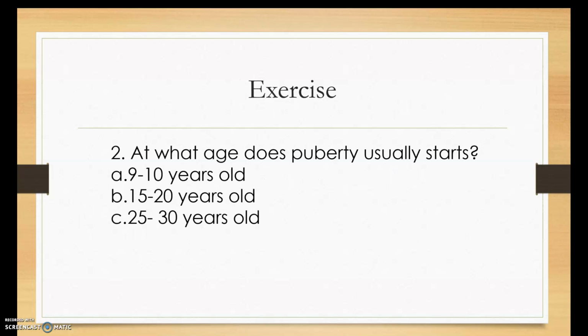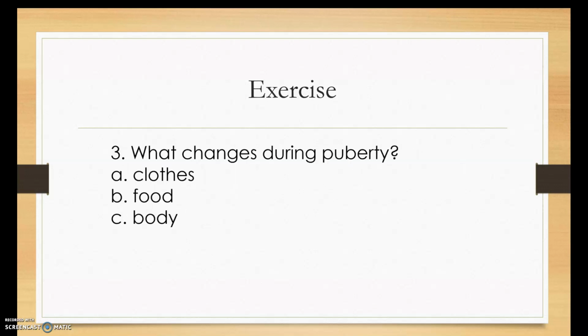Number 2. At what age does puberty usually start? Letter A. 9 to 10 years old. B. 15 to 20 years old. Or C. 25 to 30 years old. Number 3. What are the changes during puberty? A. Clothes.